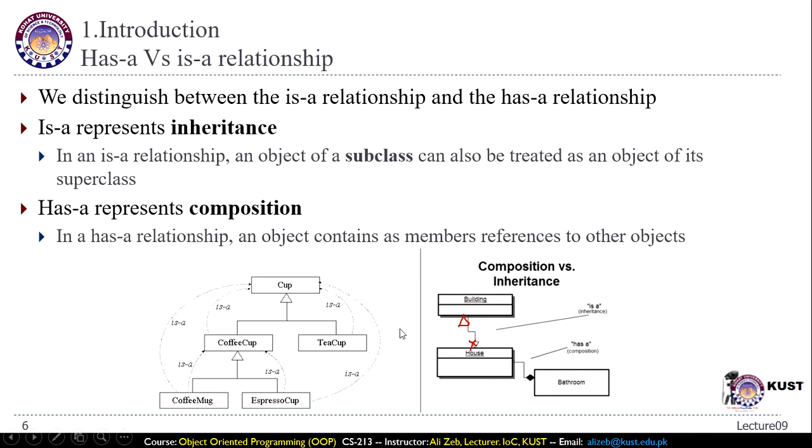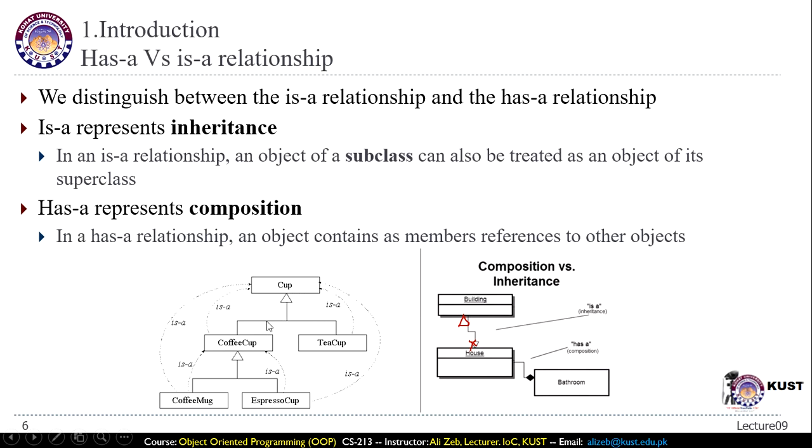We can also see that we are going from generalization to specialization when we go downwards in the hierarchy. A cup can be any cup, but a coffee cup is a special kind of cup. Like we can have a green tea cup. We do have green tea cups maybe in our homes, or somebody can have their own special kind of cup, a birthday cup or some other kind of cup.